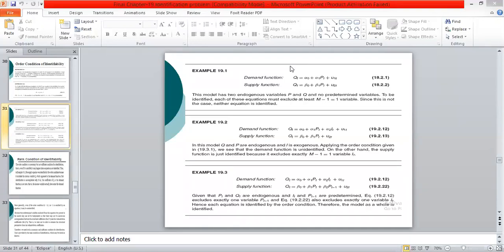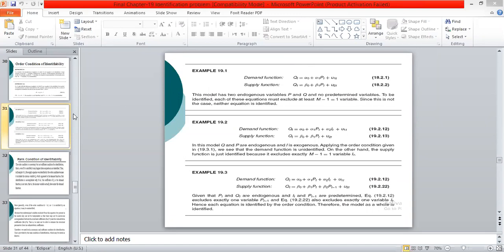We can also examine the identification of these models using definition 2. And this is the definition that is most often used in econometrics for identification.